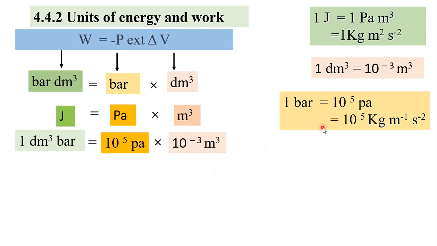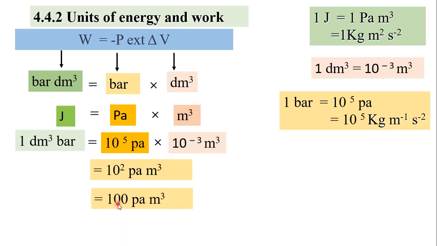Therefore, you substitute the value of 1 bar, that is 10 raised to 5 Pascal, and work 1 dm cube bar is equal to 10 raised to 5 into 10 raised to minus 3, that means 10 raised to 2 Pascal meter cube, and that is equal to 100 Pascal meter cube. And you know that 1 joule is equal to 1 Pascal meter cube. Therefore, here 1 dm cube bar is equal to 100 joules.